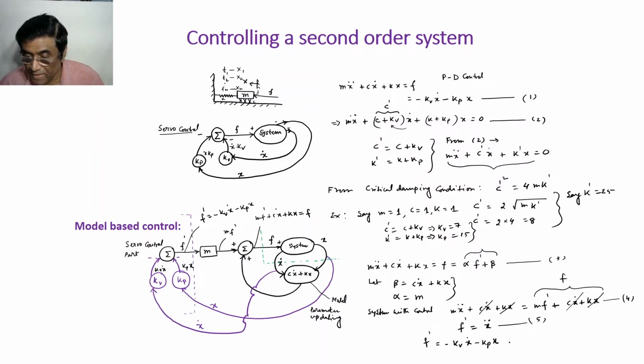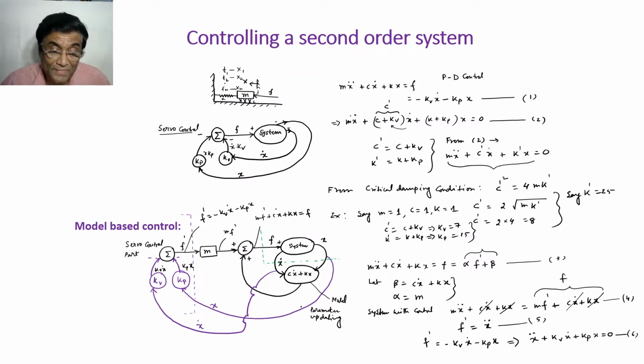Putting this value in 5, it becomes x double dot plus kv x dot plus kp x equals 0. So this is actually the control law of the servo part, which is very, very simple, as if you are controlling a unitary mass system.